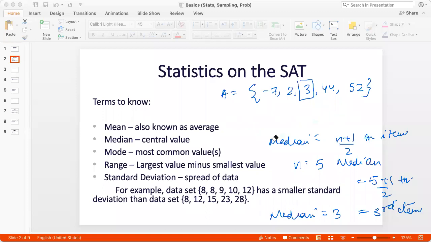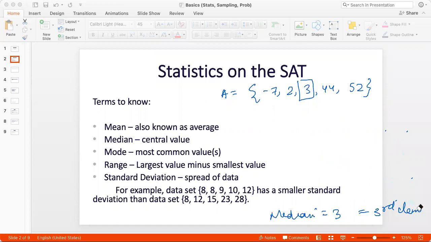So I'm just going to clear this. And I'm going to add another term so that I get an even number of terms. So let's say I add 60.